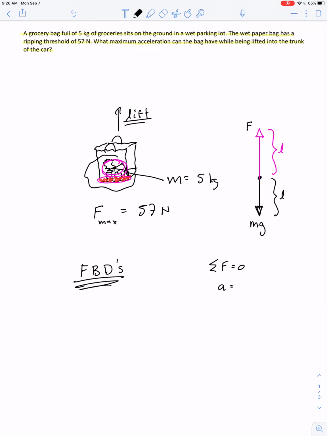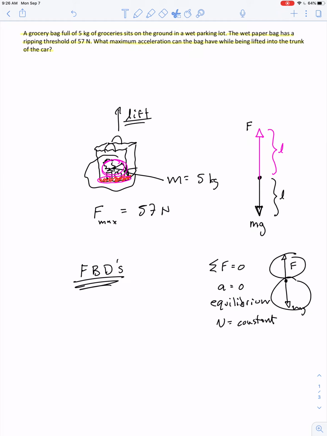Whenever a net force is 0, the acceleration is 0. In that case, we say the object is in a state of equilibrium, and therefore the velocity would have to be constant. So once you get the grocery bag moving, a free body diagram, in other words, a vector diagram that shows the forces, would indicate that the upward force and the pull of gravity are equal.